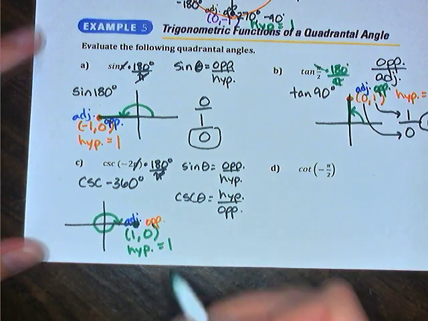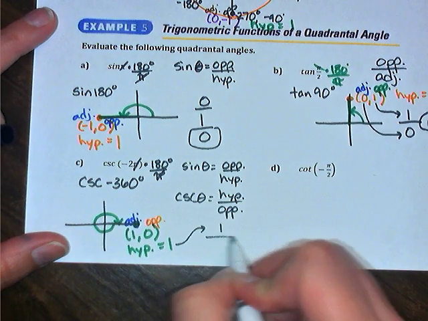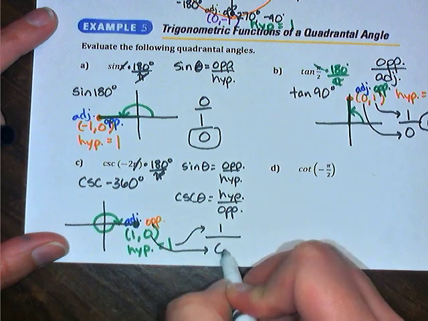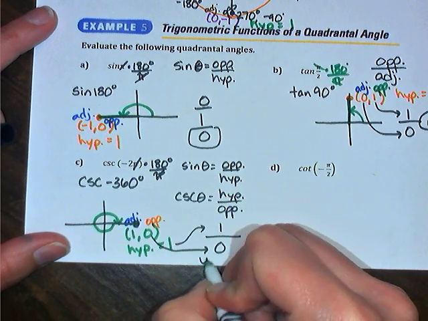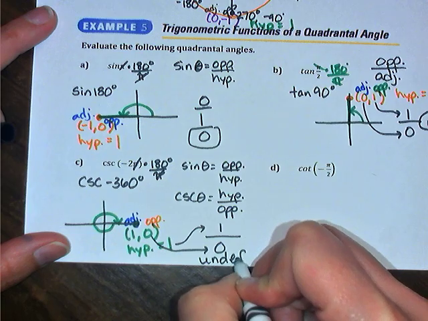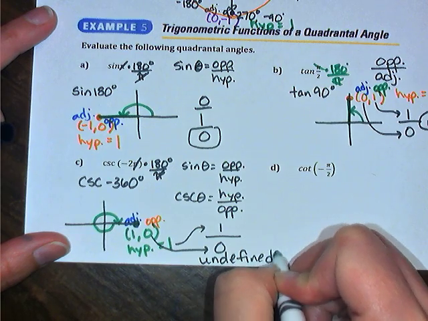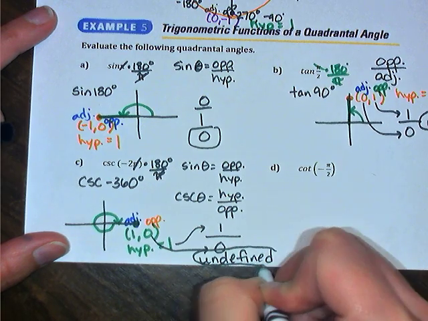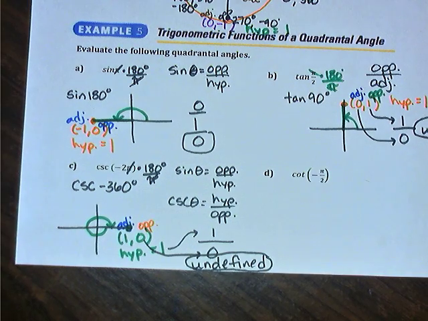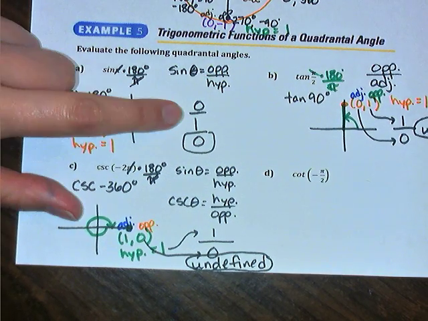So we're going to do 1 over 0. Undefined. What if it's 0 over 1? Well, then it's just 0. We did that right up here.